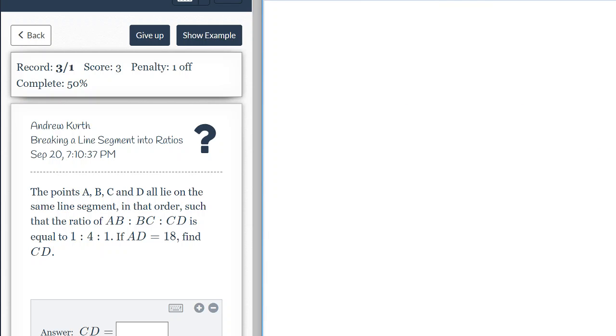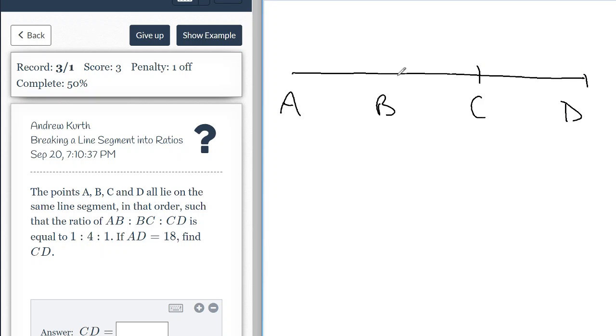So points A, B, C, and D all lie on the same line segment in that order. So we have a line segment, A, B, C, D in that order. Now you should be aware that this is not to scale.